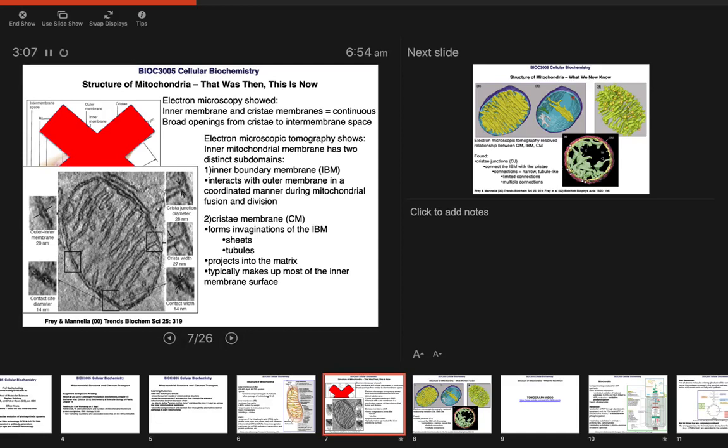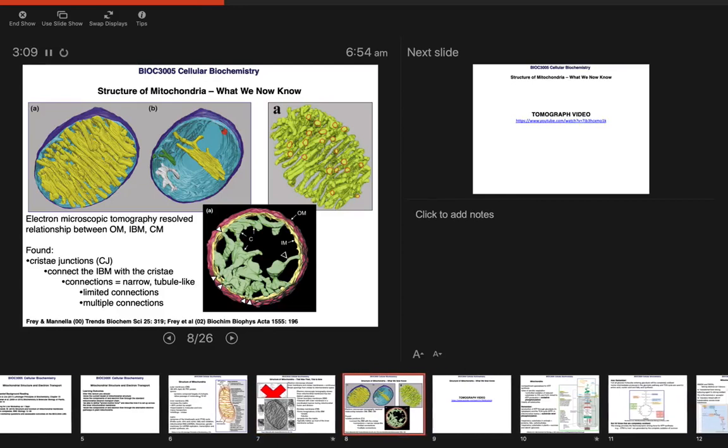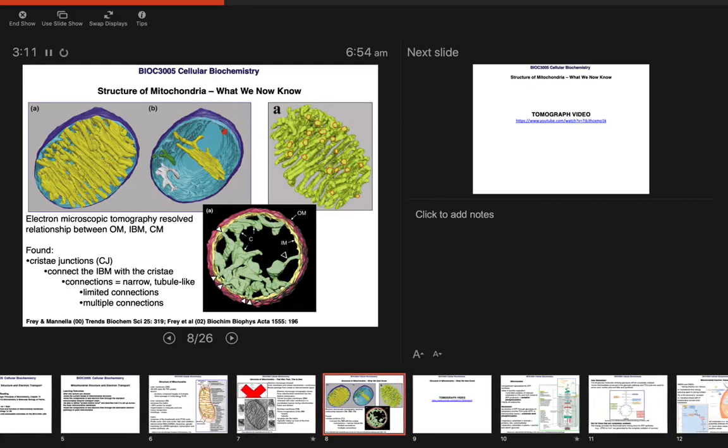If you go to the tomograph level and look at these reconstructed mitochondria, you can get images like these pseudo-colored images shown on this slide.